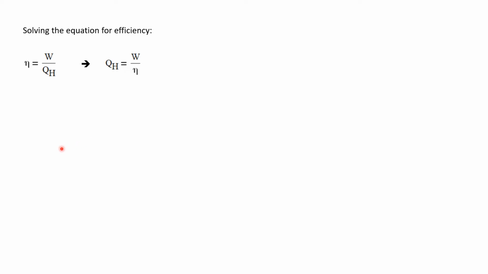So let's solve the equation for efficiency. Efficiency is work divided by the heat input. Rearranging, we have the heat input is work divided by the efficiency. Well, the work was given as 10,000 kilojoules and the efficiency is 0.4. So that means the heat input from the high temperature thermal reservoir must be 25,000 kilojoules.